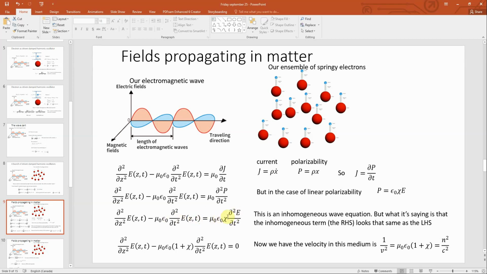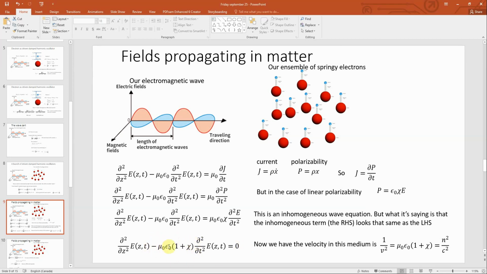And so now we can lump this right-hand side into the second term on the left-hand side, and we get that the second order derivative of the electric field with respect to space minus mu naught epsilon naught, and then this new constant, 1 plus chi, times the second order derivative of the electric field with respect to time is equal to 0. But this again is a homogeneous wave equation, but we've changed the velocity of this wave.